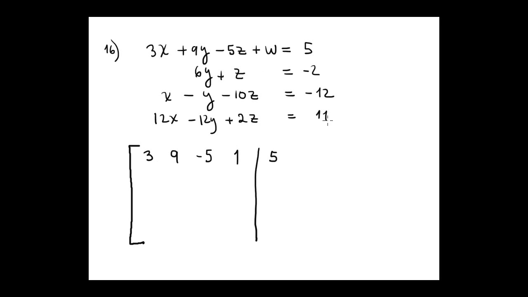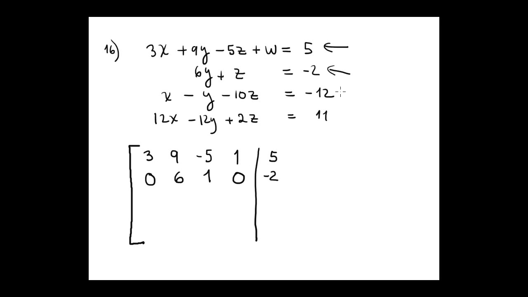Each equation corresponds to a row. In the second equation we have something missing. We have no coefficient of x, 0 then. 6 for y, 1 for z, and no w, -2 on the right hand side.